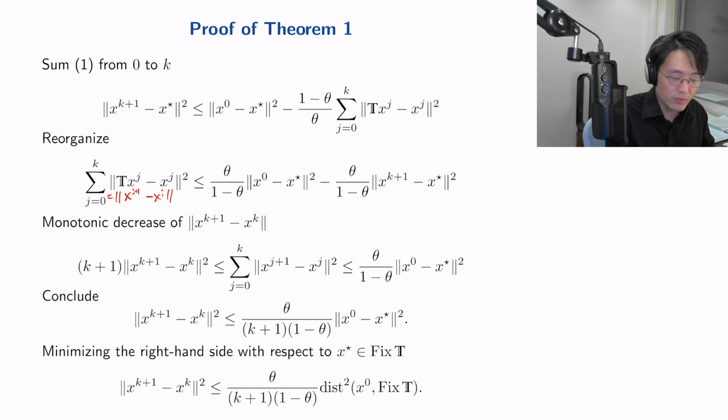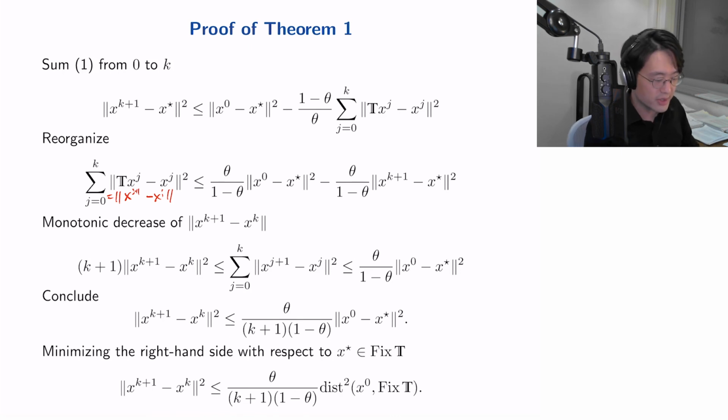On the right-hand side, we have this term, but we drop this other negative term, so we have this bound. Finally, we divide both sides by k plus 1, so we get that the fixed point residual is less than or equal to this right-hand side divided by k plus 1. So that gives us the rate on the fixed point residual.